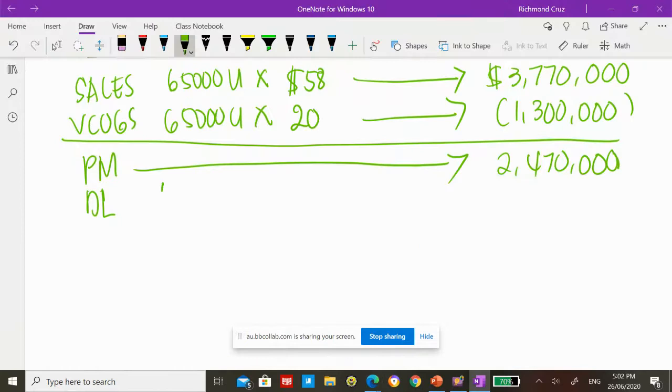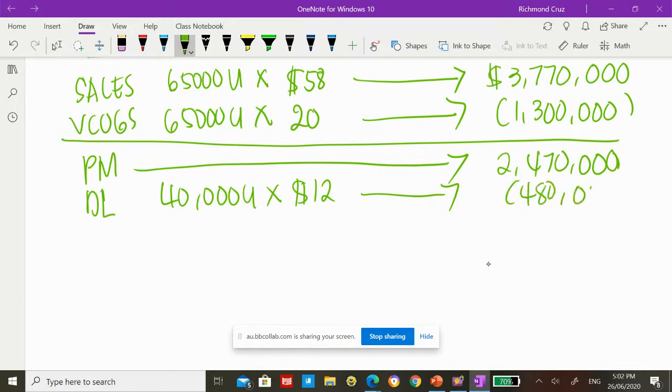So that is 40,000 units multiplied by 12, which is 480,000.